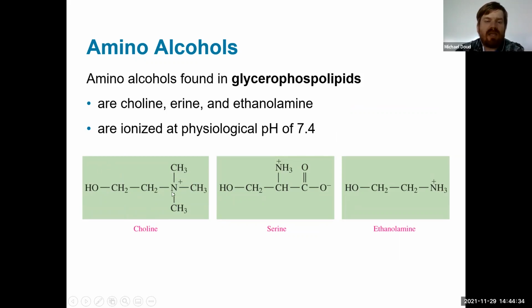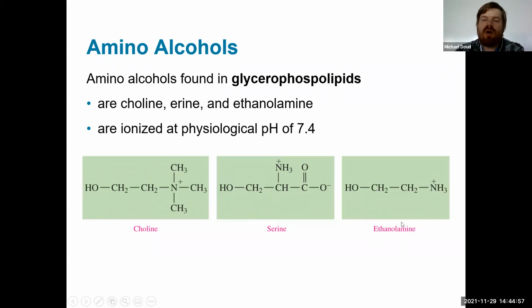So again, it's an amino alcohol, that's choline. Serine is next. Now, serine is going to become important eventually because it's also an amino acid. But here, the amino alcohol form is we have a hydroxyl group on this end, and then an ammonium up here, 2 carbons away.